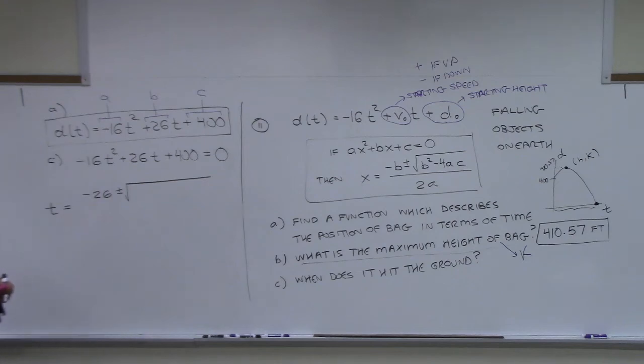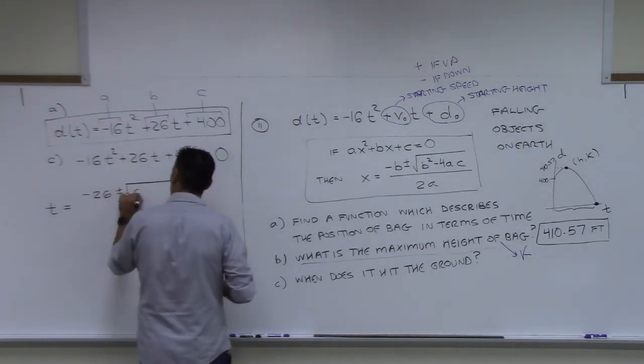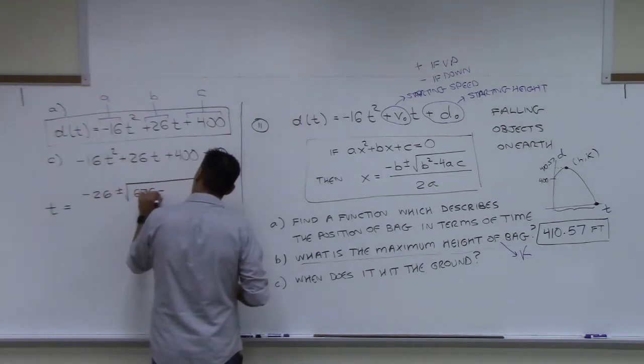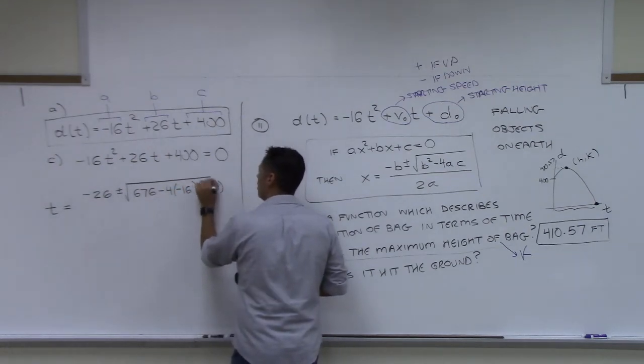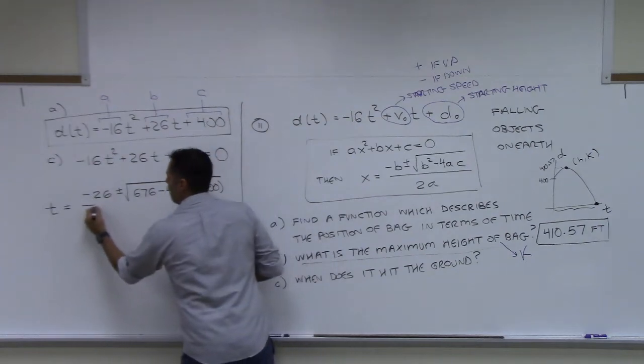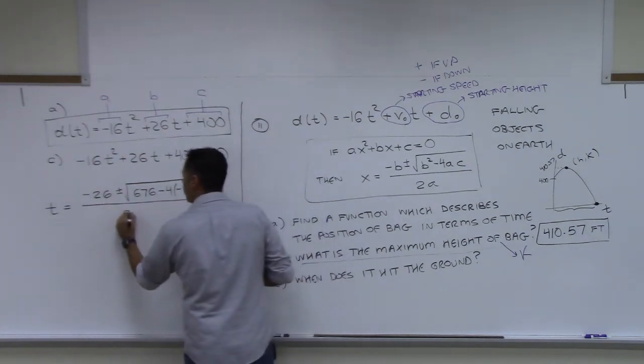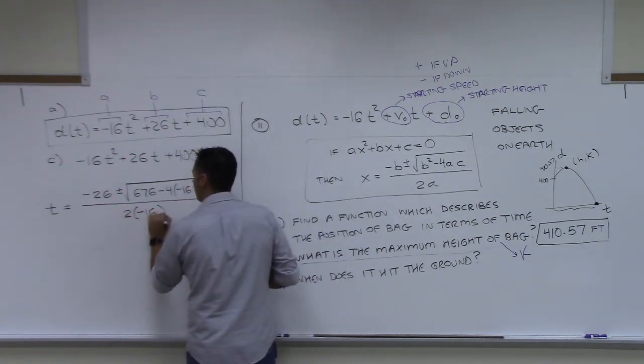That's the next thing. So you'll take 26 and square it. 676 minus 4 times a was negative 16, times c, which was 400. All of that divided by 2 times a, which is negative 16.